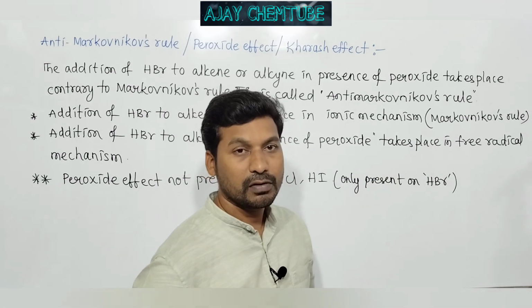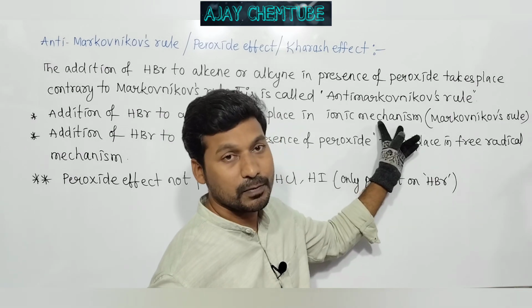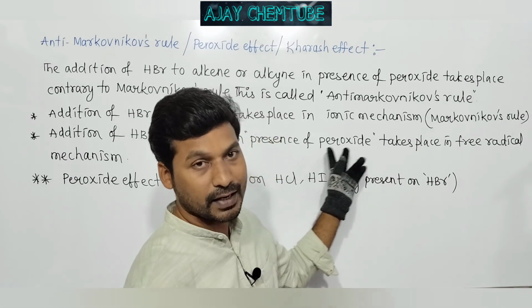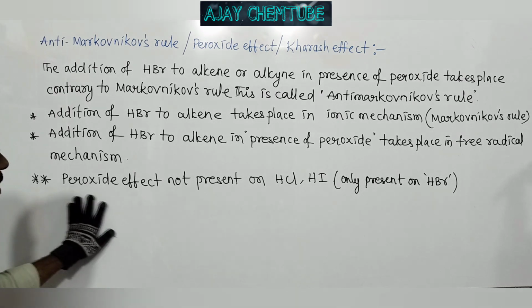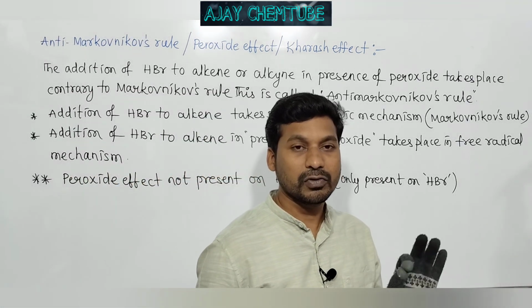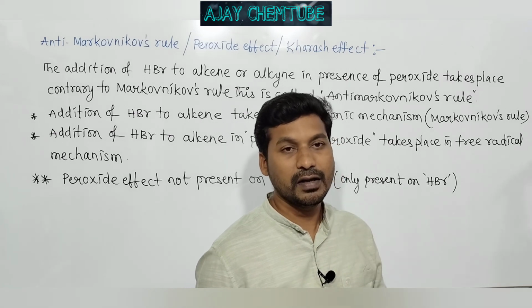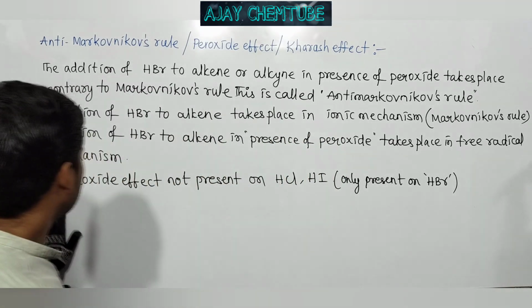In absence of peroxide, it is H plus Br minus; here it is H free radical, Br free radical. The peroxide effect is not present on HCl and HI, only on HBr. Anti-Markovnikov rule is only for HBr.